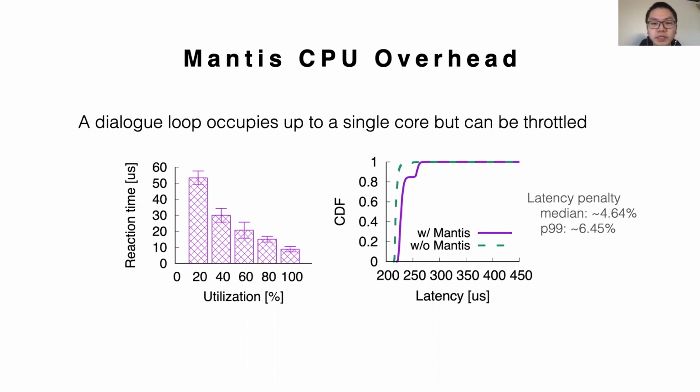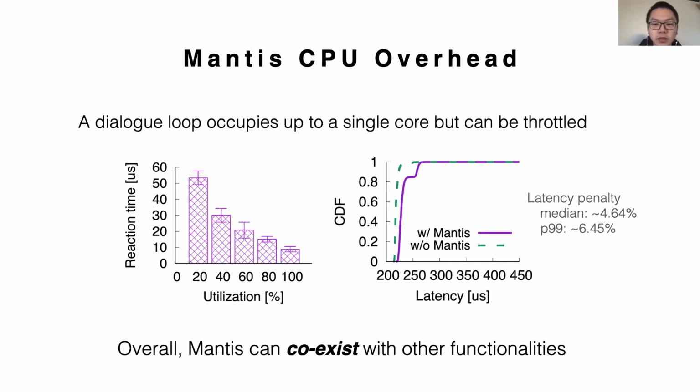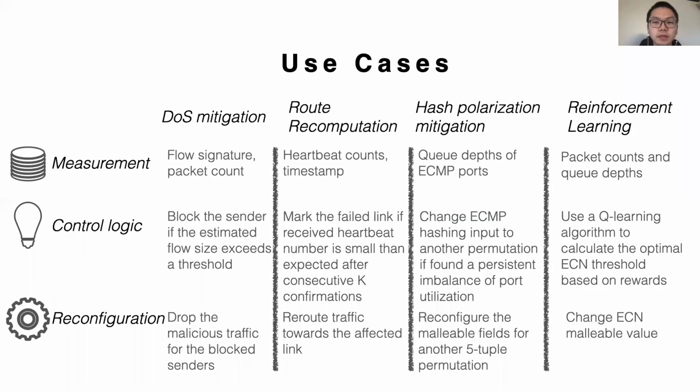However, the median and P99 latency penalty are within 4.64% and 6.45%, respectively. We also evaluate the switch memory overhead, and overall, we find that Mantis can successfully coexist with other control plane and data plane modules.